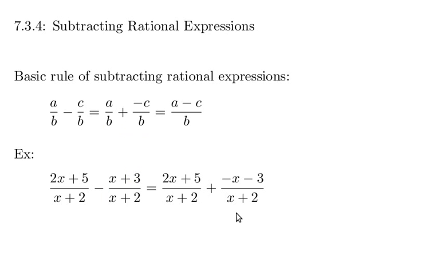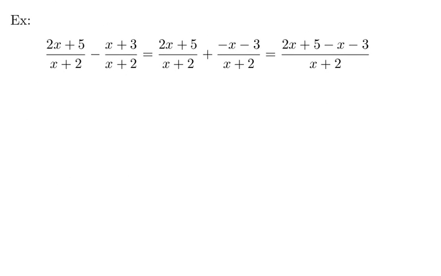So now I can add across just like I'm adding two different fractions. This is the same thing as (2x + 5 - x - 3) over (x + 2). And now I can combine like terms. I'll do that on the next line here.